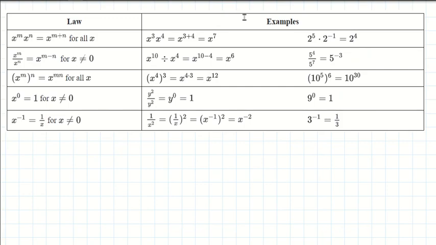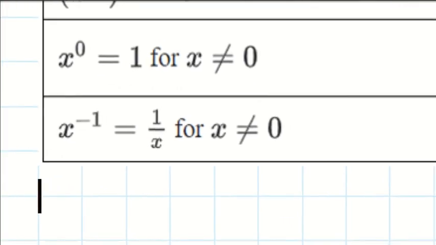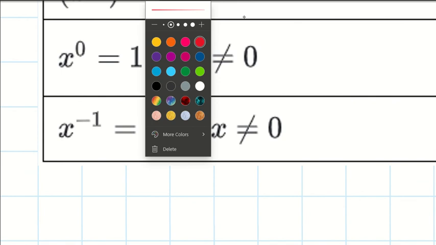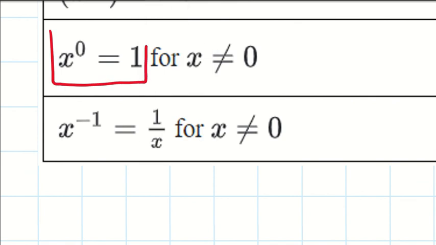And now that we're at it, I'd like for us to include these two additional facts. When I have something raised to the 0 power, we know that that's going to equal 1 for all values of x that are not 0. If x is 0, that's a problem for us. But as long as the base isn't 0, anything to the 0 power equals 1.